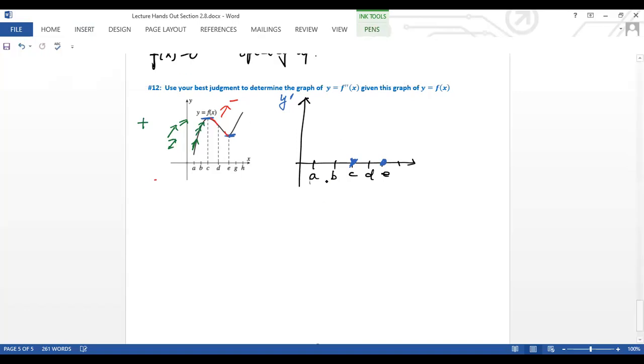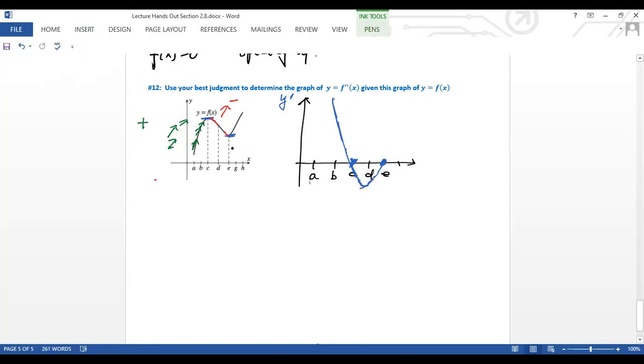So this is how I know my graph of f prime should be something like this. After I pass it, my slope becomes negative, getting steeper and steeper, and then later at D it is going to smooth out again.